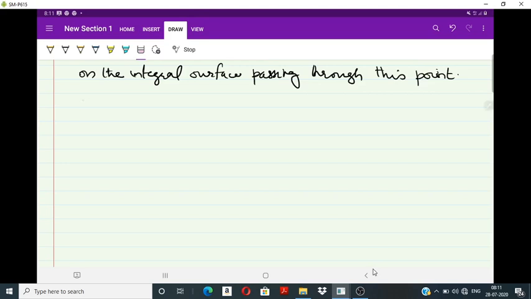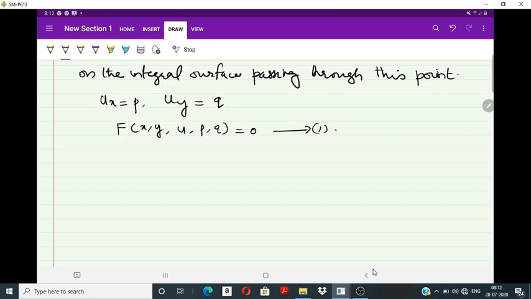Before that, we take the partial derivative ux, which we denote by p, and the partial derivative of u with respect to y, which we denote by q. So our nonlinear equation can be written as f of x, y, u, p, q equal to 0. Let this be equation number 1. So this is our nonlinear PDE.